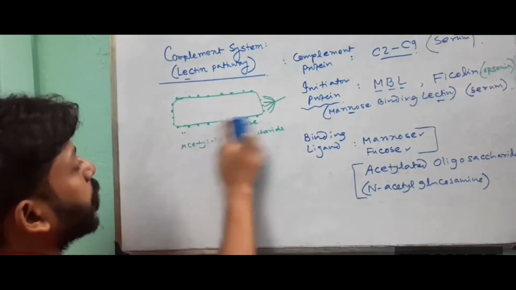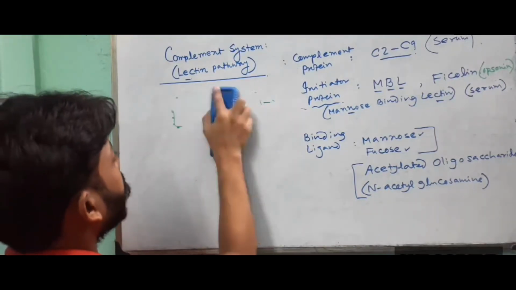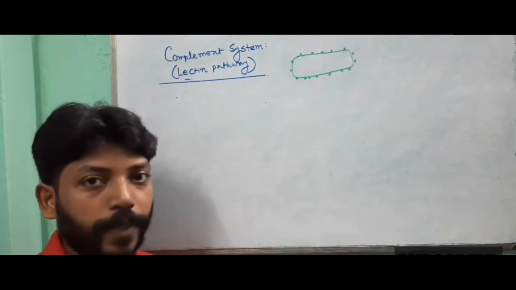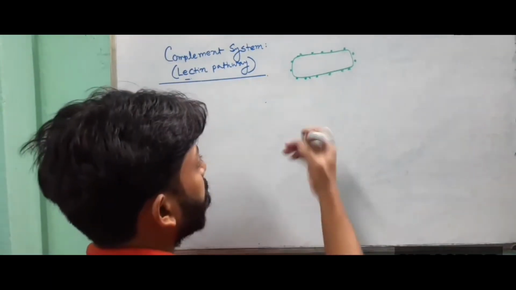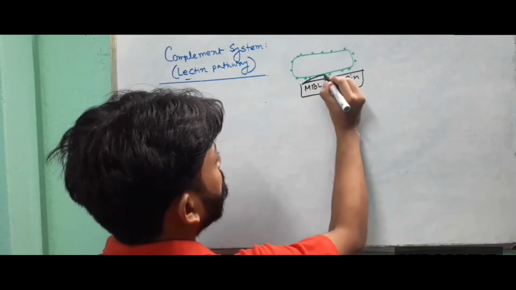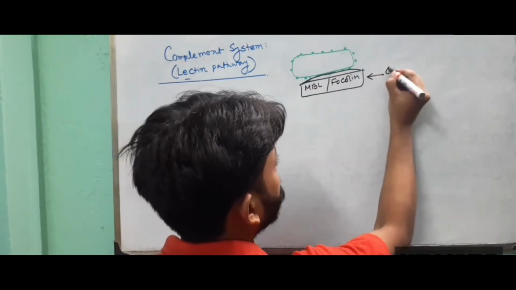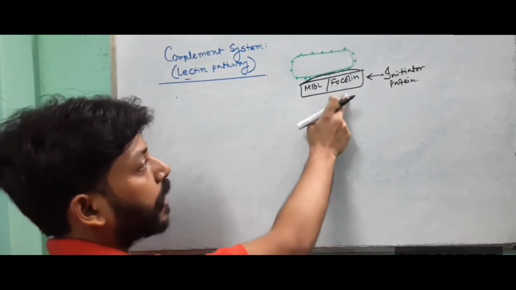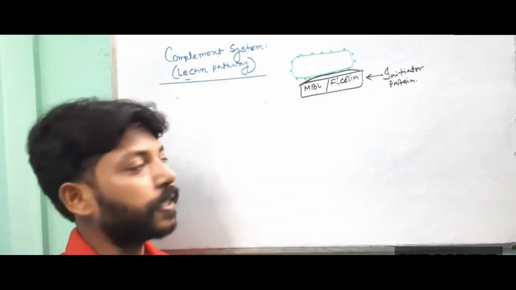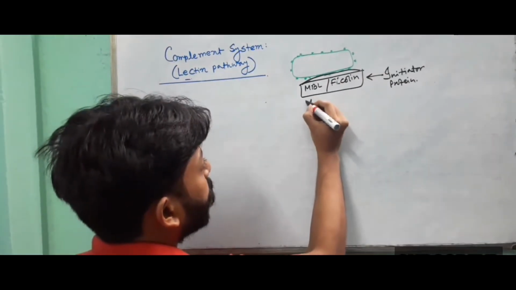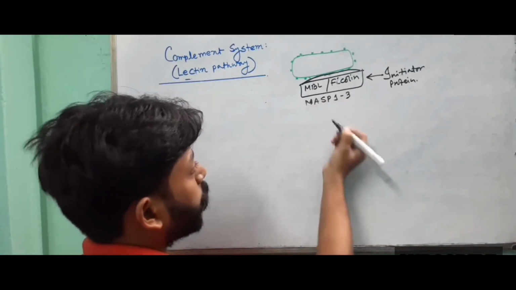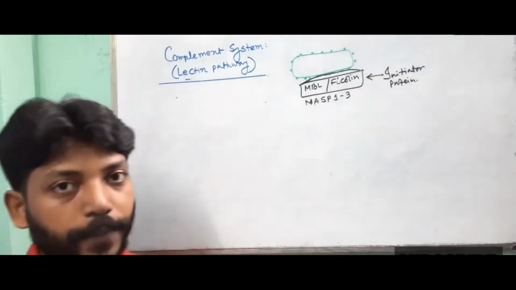Now come to the reaction part of this complement pathway. When a bacteria enters the bloodstream, blood serum contains MBL or ficolin that can recognize this ligand. It is actually the initiator protein. The MBL and the ficolin have 3 serine proteases called MASP1 to 3: MASP1, MASP2 and MASP3.